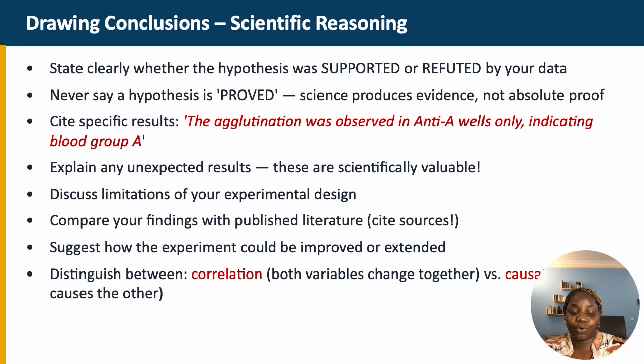For example, in the complement fixation test, if hemolysis does not occur, the conclusion should state that the absence of hemolysis indicates that complement was fixed by the antigen-antibody complex formed in the patient serum, suggesting the presence of a specific antibody to the test antigen.